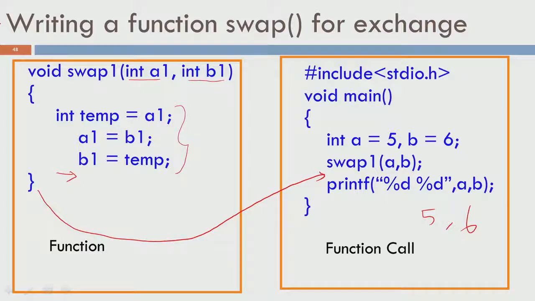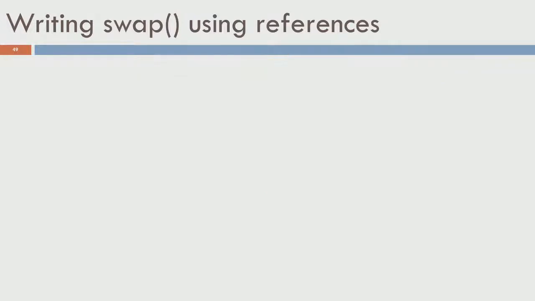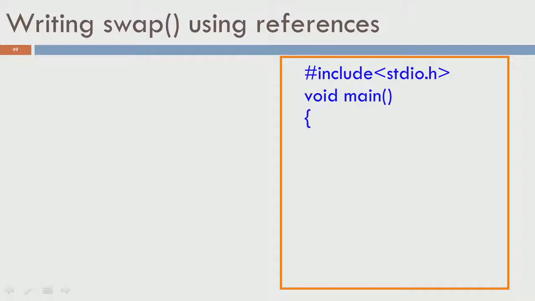Now, how do we fix this problem? So, clearly this does not work, we need to think about something else. We will write this swap function using references. So, as before, we will start with the function. So, we have a equals 5 and b equals 6, and what I am going to do is, instead of swap 1, I am going to write a new function called swap 2.